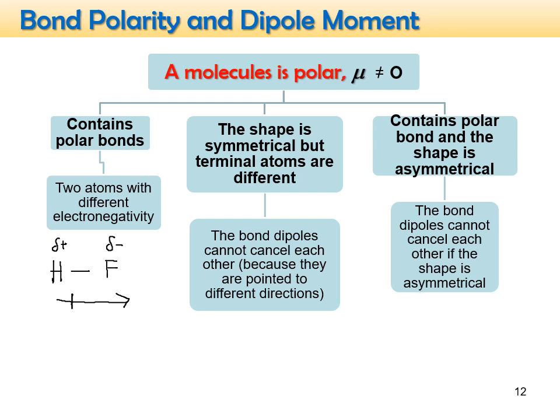Okay, so next case, the shape is symmetrical but the terminal atom are different. Okay, so let's look. Means the bond dipole cannot cancel each other, because they are pointed at different directions. So let's have a look at the example.